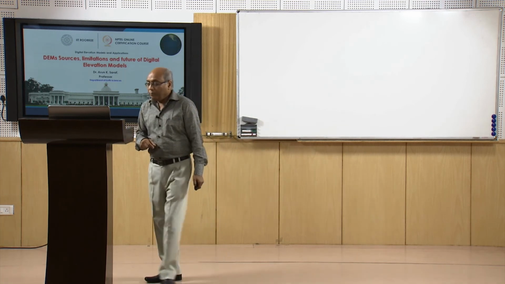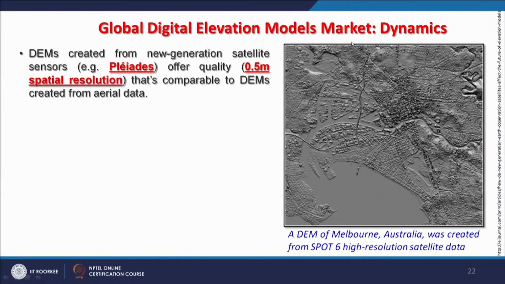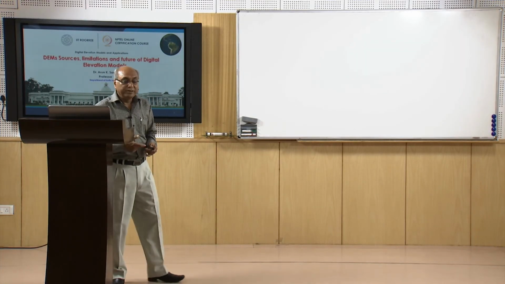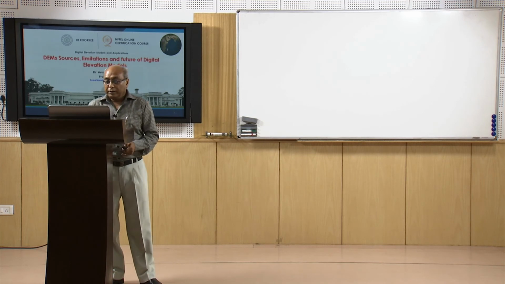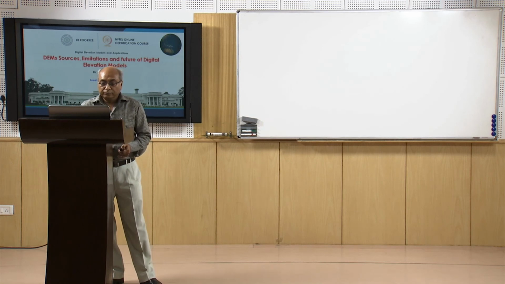And this is one example of Melbourne city, Australia, for which this digital surface model has been created with SPOT 6 at 0.5 meter, that is 50 centimeter spatial resolution. So now we are going to sub-meter spatial resolution. This is going to use stereo data and can generate such models, but this is not yet in the market. It will be coming very soon.